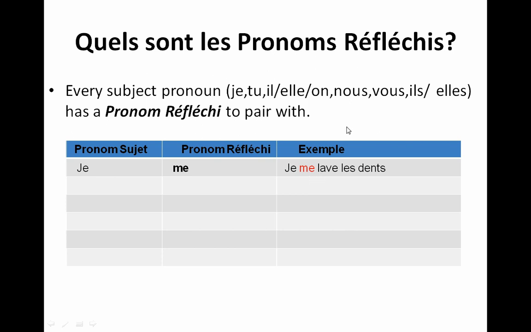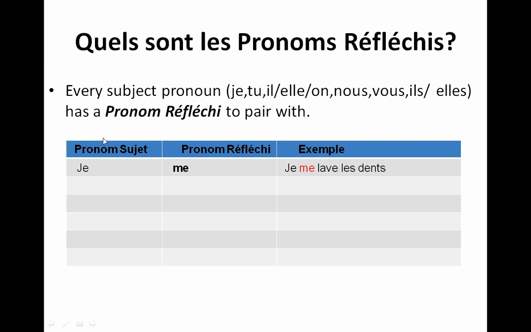You can say je me brosse les dents or je me lave les dents, and it means the same thing. So this means je, subject, me, pronom réfléchi, and then the verb, and then les dents, direct object. Okay, je me lave les dents.